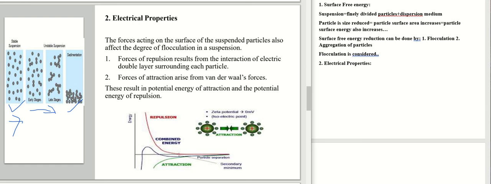During this procedure of sedimentation, when the particles come closer together, they'll form attractive forces. The attractive forces will develop between these particles and they are tightly packed, and thus they get sedimented, and this results in hard cake formation.